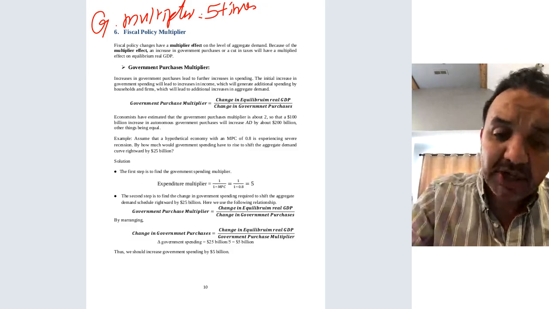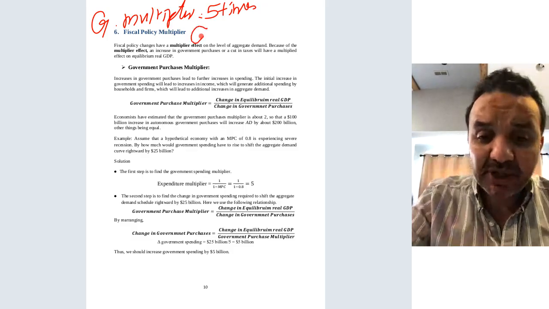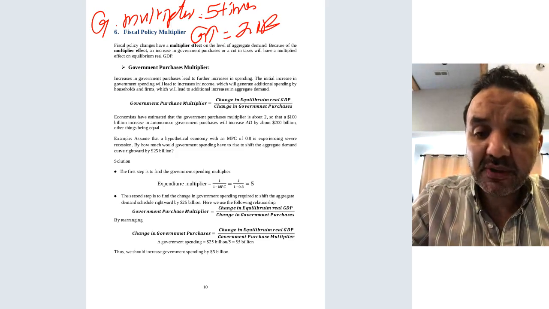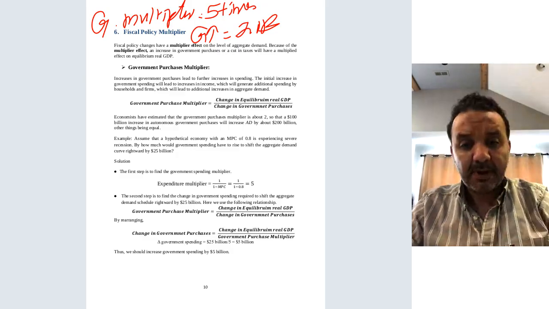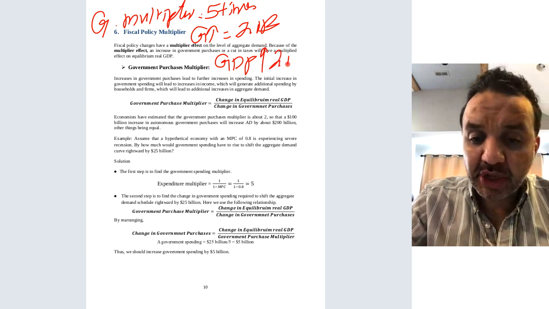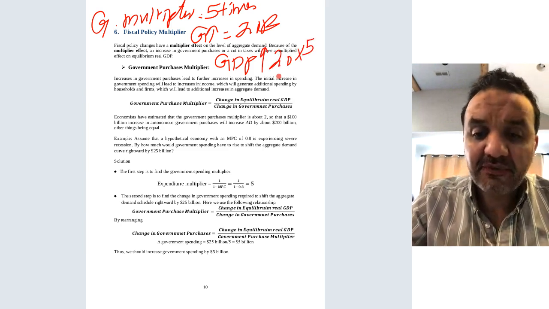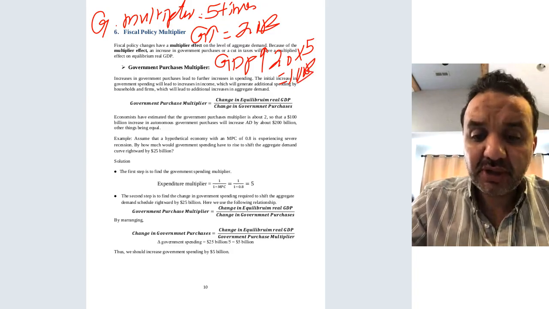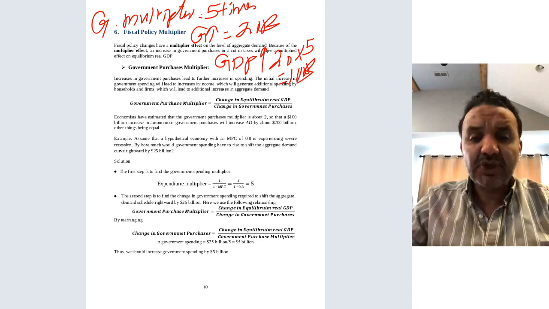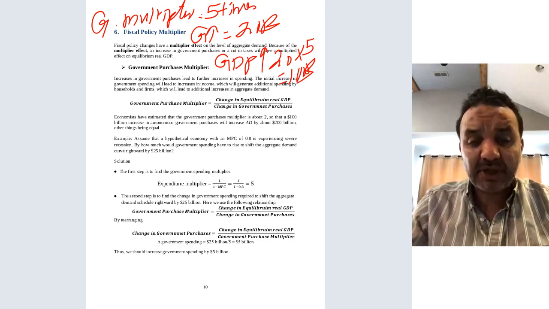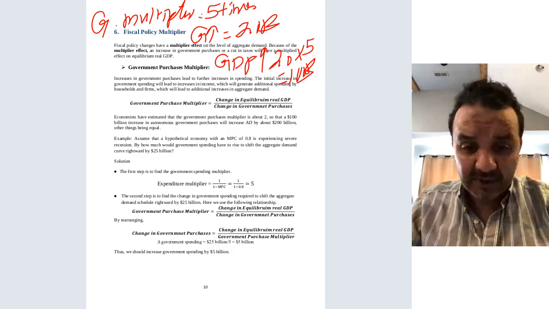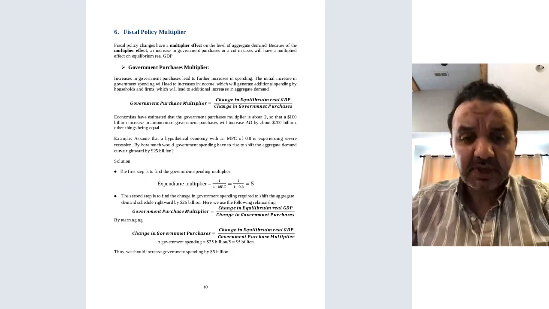This means simply if you increase spending by 20 billion, the GDP will increase by 20 times 5, which is 100 billion. This is the meaning of multiplier here. So the impact of government spending on the GDP will be more than the amount of the government spending itself.